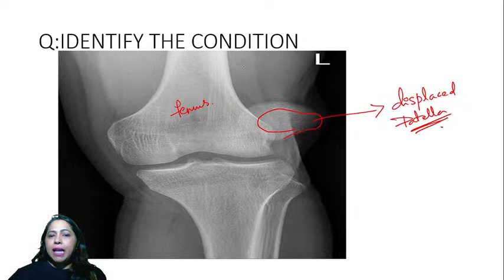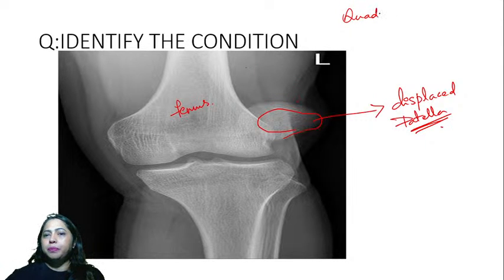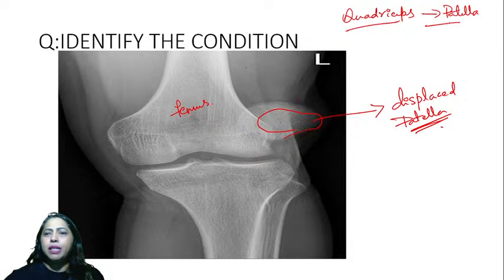The patella is held by ligament. You have all these quadriceps coming to the patella. So quadriceps, they form a common tendon and they are attached to the patella. So in a way, it secures the patella in place.